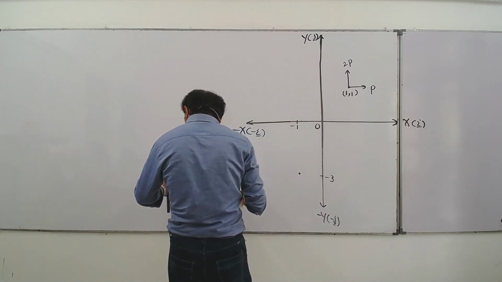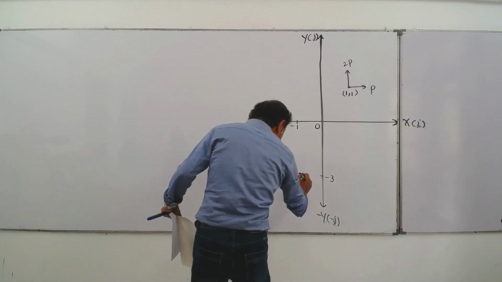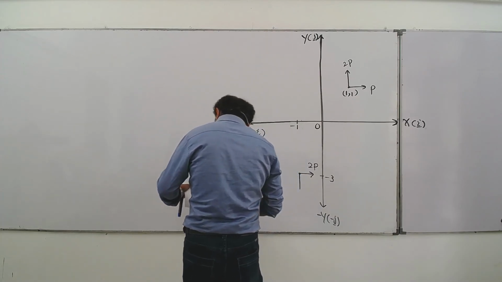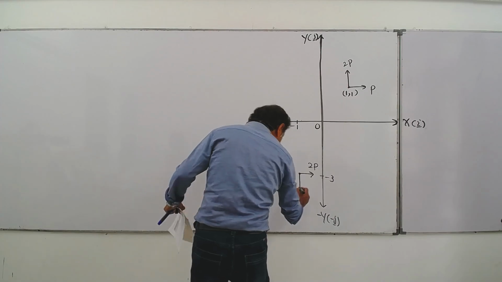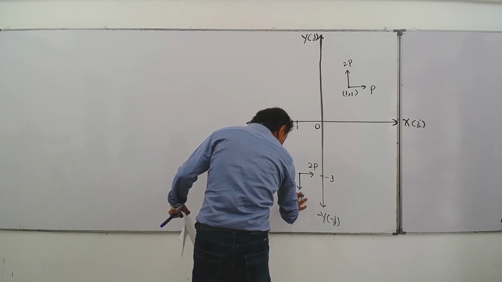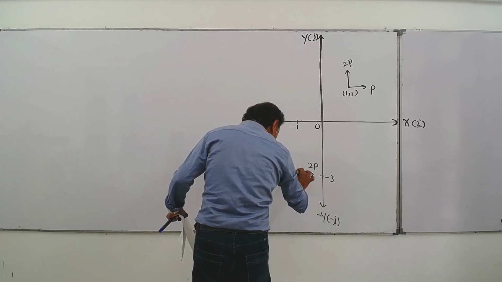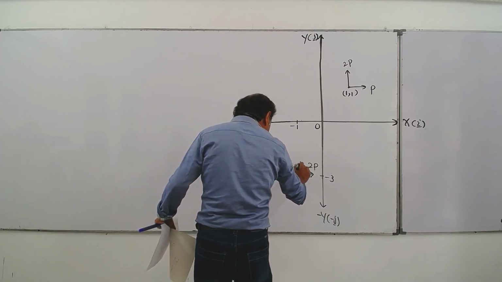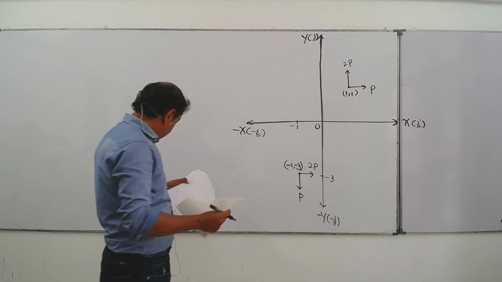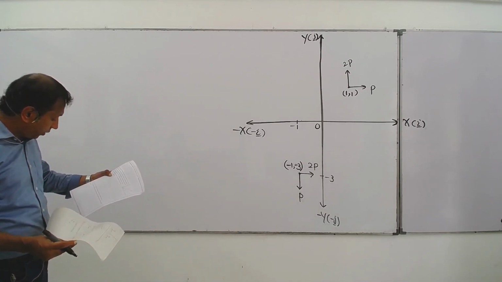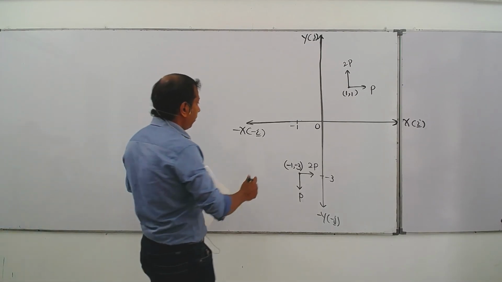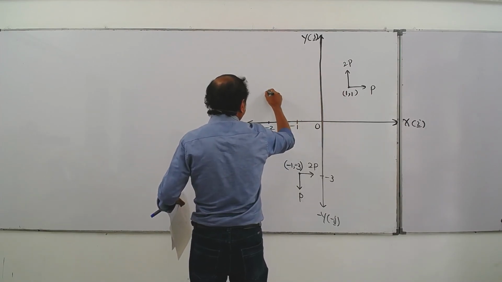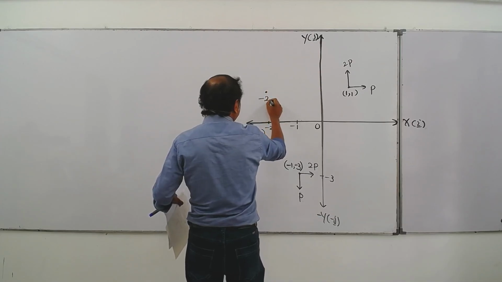Here the force is 2Pi minus Pj. This direction 2P, this direction it is P. The point is here, coordinates minus 1, minus 3. The next force is acting at minus 2I plus J. Minus 2 here, plus 1, that is that point.